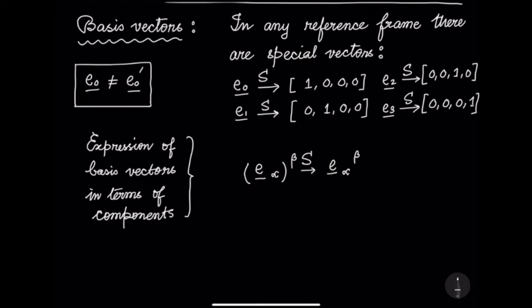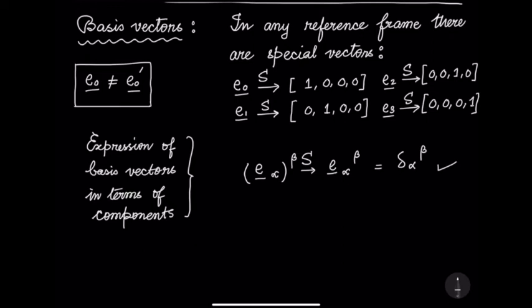This thing is 0 if alpha is not equal to beta. Like if I look at E0 and its first component, 0 and 1 are different, then it is 0. It is only 1 when alpha is equal to beta, which means this is equal to the Kronecker delta, where you know the definition: when alpha equals beta it is 1, otherwise it is 0. So I have these 16 components here, 4 for each unit vector, and there are 4 unit vectors, and those can all be written in terms of the Kronecker delta, which is very nice.